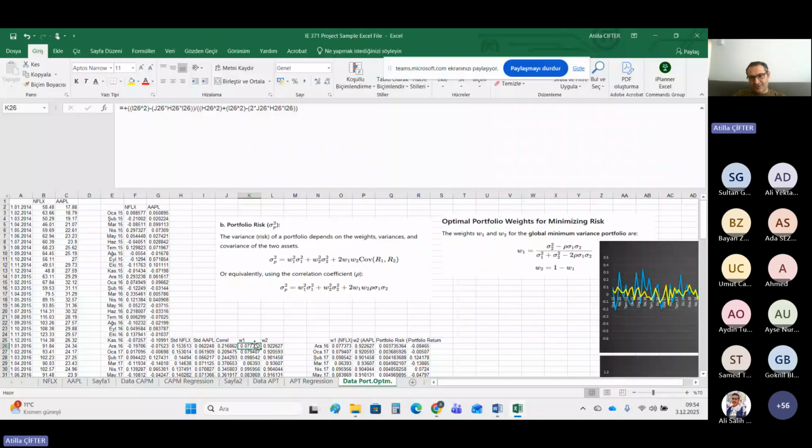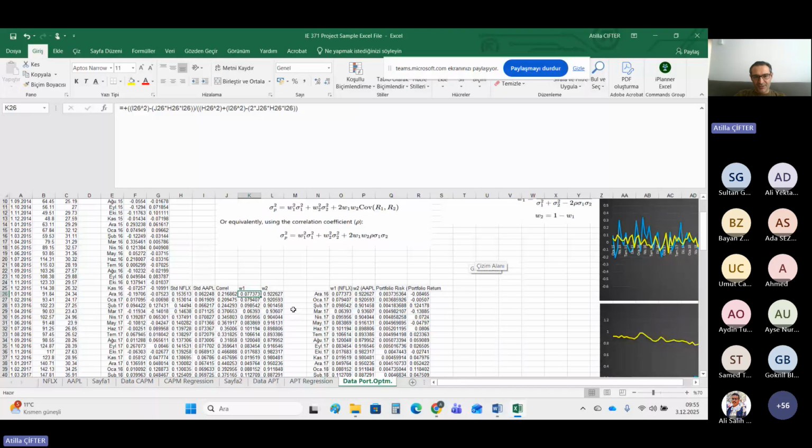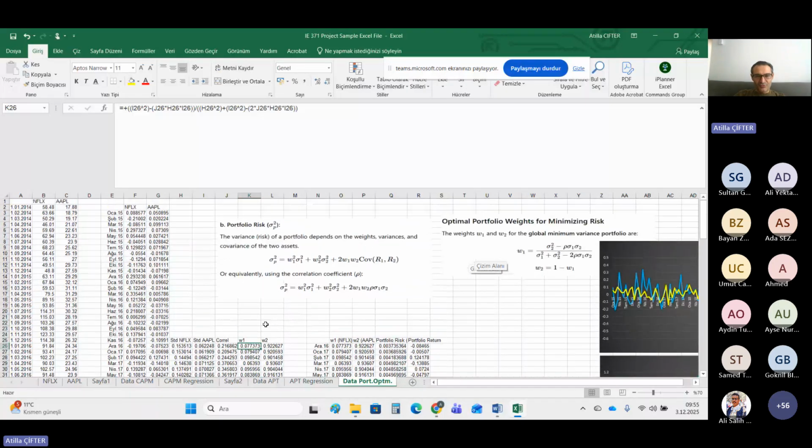Because when you take 3 assets, this formula becomes more complex: you have weight 1, weight 2, weight 3. Therefore, they use a computer program. But for this course, since it's an introduction to finance applications, we just use 2 stocks and use Excel. So weight 1 and weight 2 are already calculated.